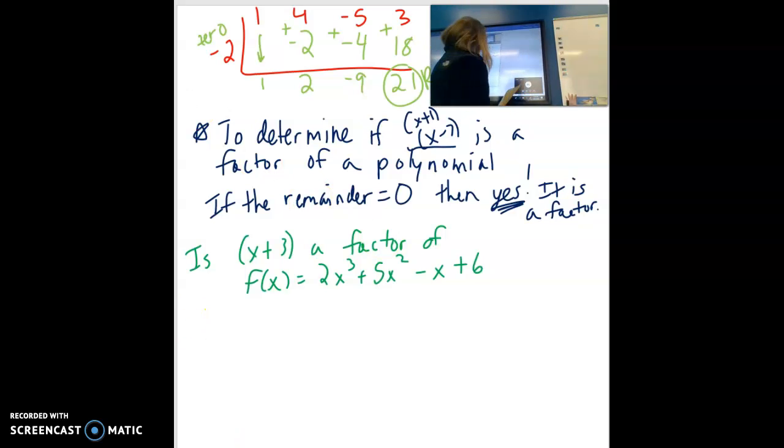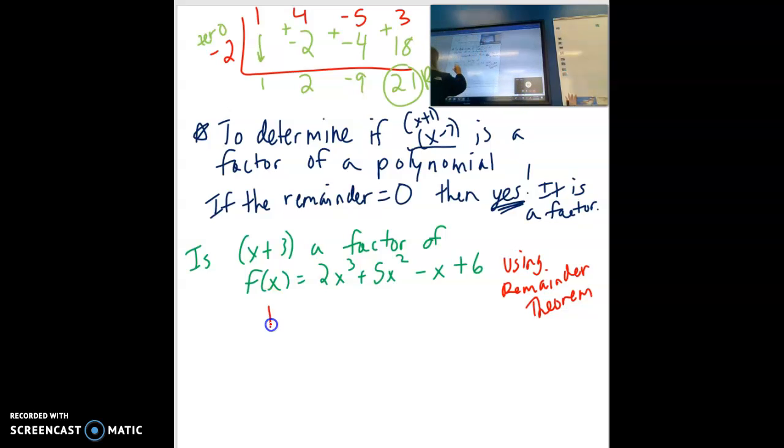Okay, so to check if it's a factor, we are going to have to divide to find out what the remainder is. Okay, so this is what we call using the remainder theorem. So I'll say that again. We're going to have to divide to find out what the remainder is.